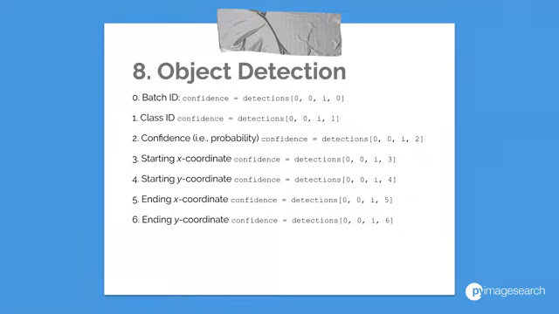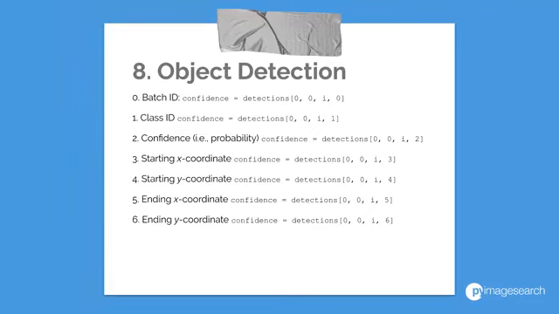That is an integer representing the class label of that object. So you would take that integer value and then go look that up in whatever your classes or labels dictionary or list is. That'll give you a text value of what is in that particular region of interest. The second index, that's your confidence, or more simply your probability. The probability that the object detected is of that class ID. And then values 3 through 6 are your starting and ending XY coordinates respectively.